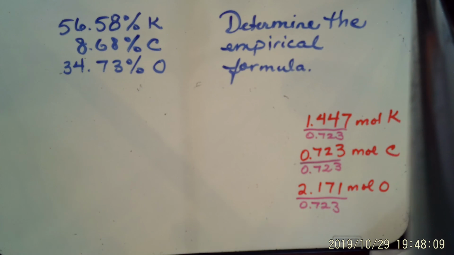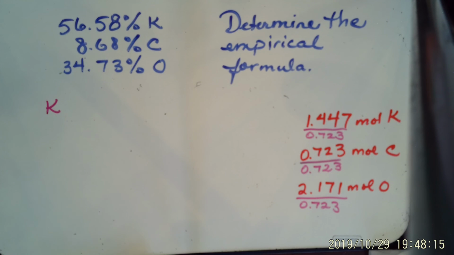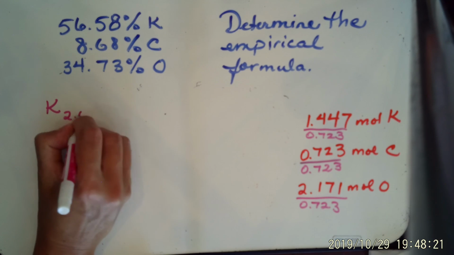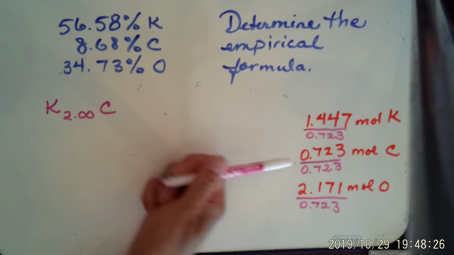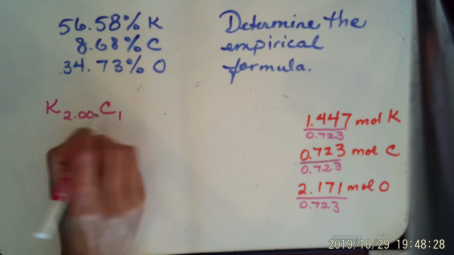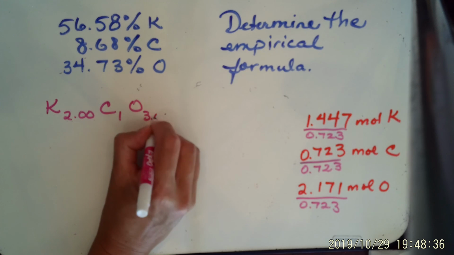When we do that, for potassium, 1.447 divided by 0.723, I get 2.00. For carbon, it's divided by itself, I get 1. And for the oxygen, I get 3.00.